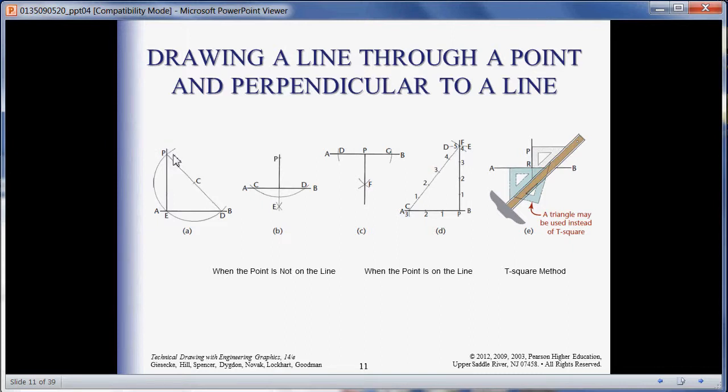Okay, so what you want to do is somewhere conveniently draw a line between P and D. Okay, and you then want to bisect that line, and you know how to bisect that line, so we find the middle of that. Okay, so then we establish a center of an arc here at C with this as the end of the radial point. Okay, so it's a radius of this.